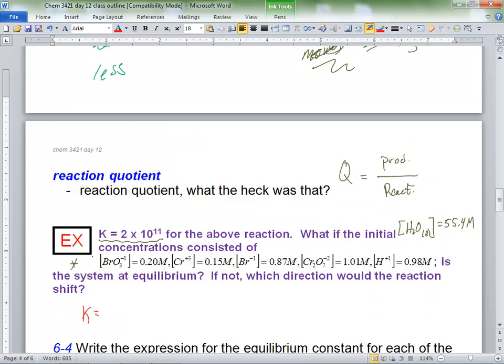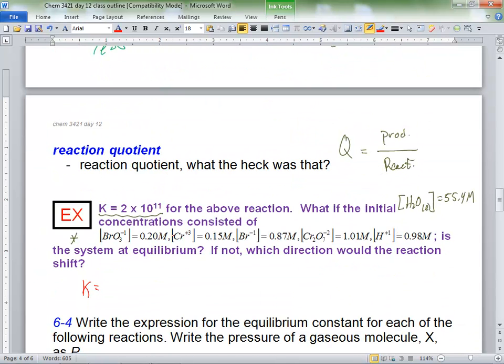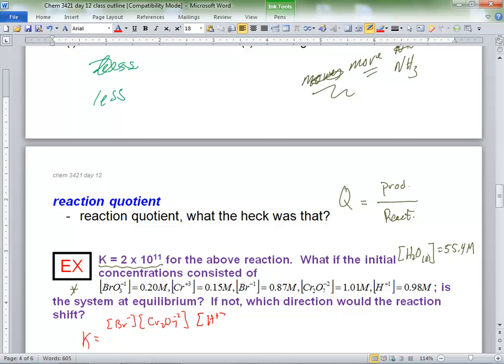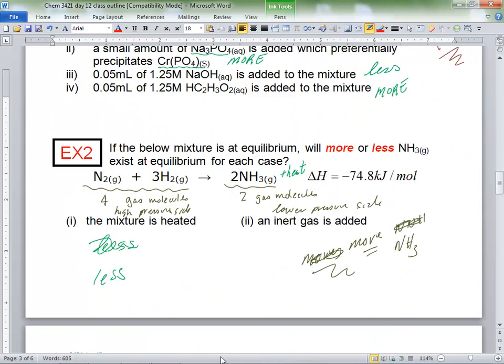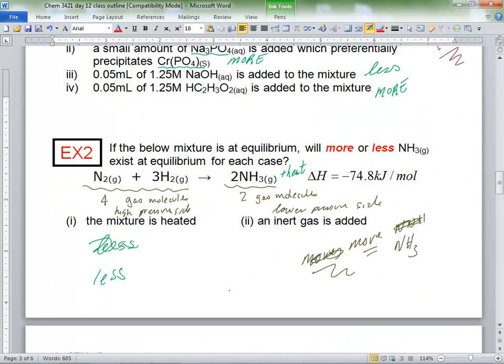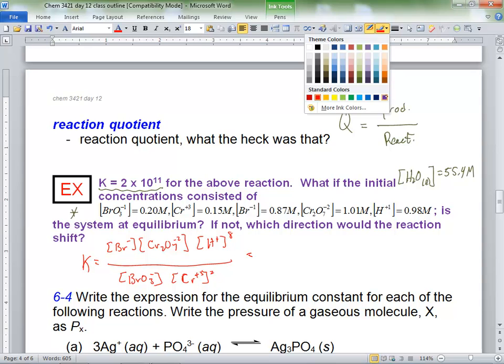I forget what the heck the reaction even was. Bromide, dichromate, 8 hydrogen ions. Let's see.